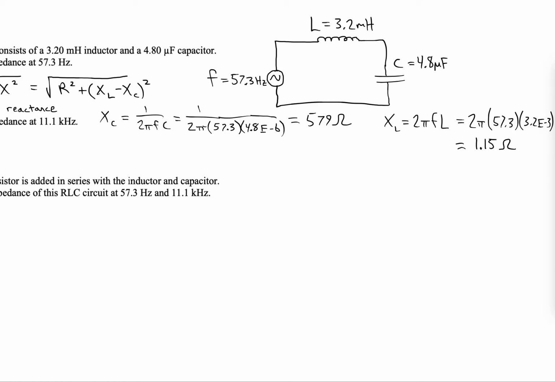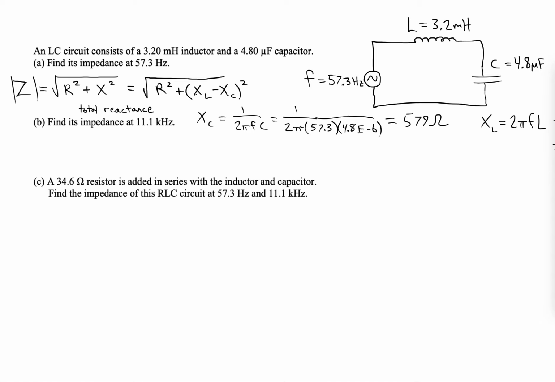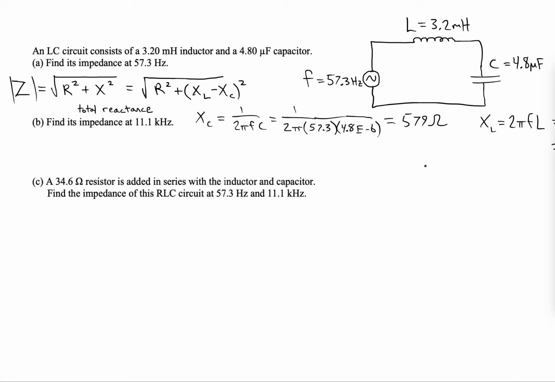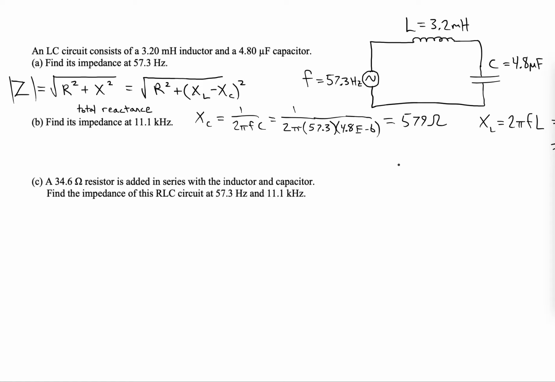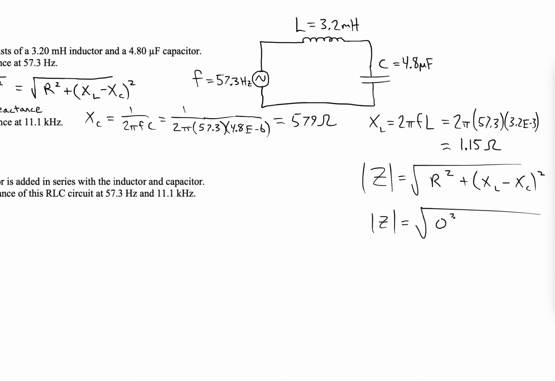Alright, but now we have to go on to find the impedance. So for that, we'll want to come back to this formula, and we'll just do Z equals the square root of R squared plus XL minus XC squared. The resistance is 0.